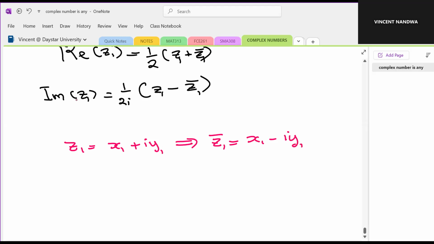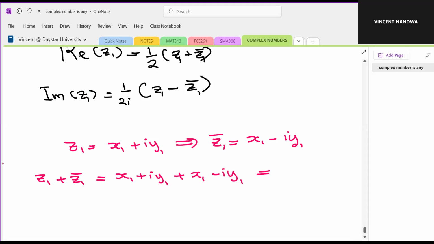This is by definition. So when I say Z1 plus Z1 conjugate, I'll have x1 plus iy1 plus x1 minus iy1.